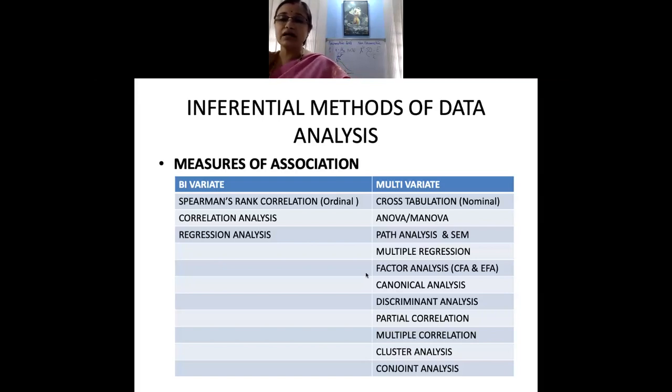The other day, in the first class, many were asking me about the difference between mediator and moderator. I think that was the first paper I gave. If you remember, in the WhatsApp group I gave one paper relating to mediator and moderator, written by Baron and Kenny.